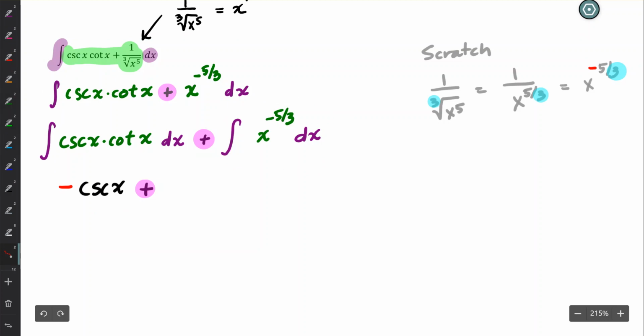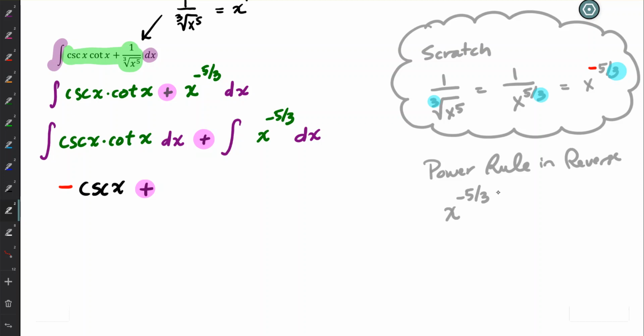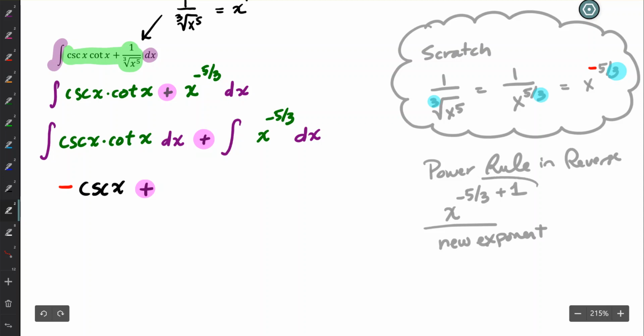I'm going to do power rule in reverse. So to do that, maybe it's worth a little bit of scratch. I've got x to the minus 5/3. Power rule in reverse says we're going to add 1 to that exponent and then divide by that new exponent, right? So I need to know what minus 5/3 plus 1 is.